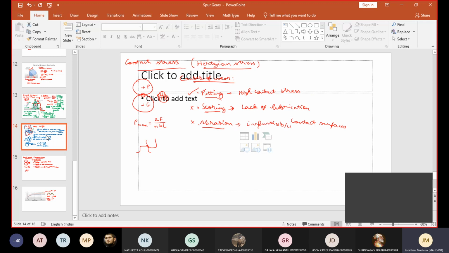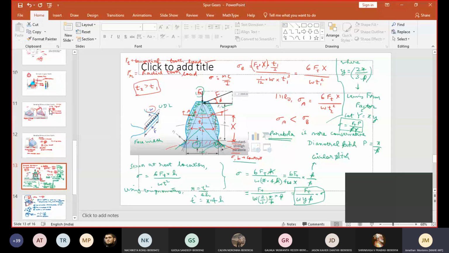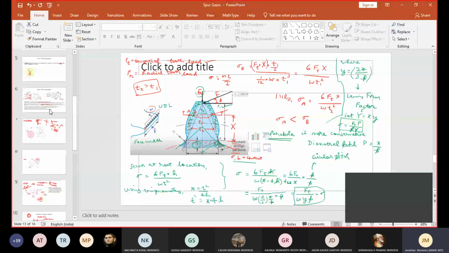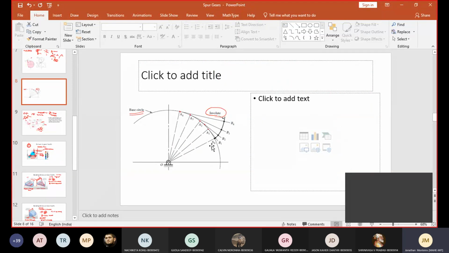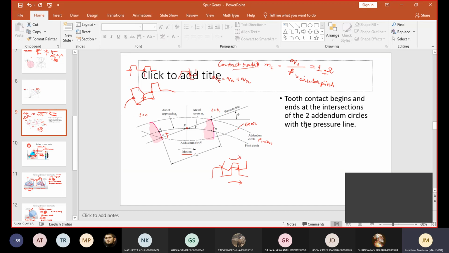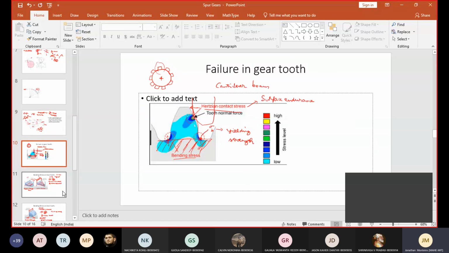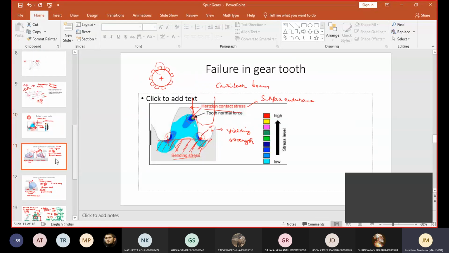If I just recap, you got an idea today about what the different stresses are. What do you mean by teeth engaging and disengaging? It is similar to a string being wound, wrapping and unwrapping. Then you understood the importance of a contact ratio, how important it is at the tooth intersection, and what the different kinds of stresses and their properties are.